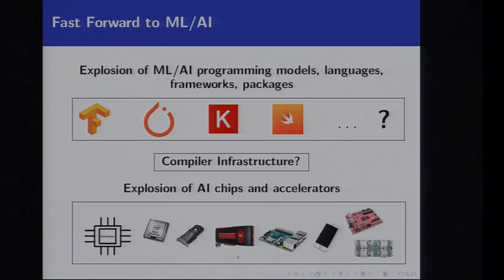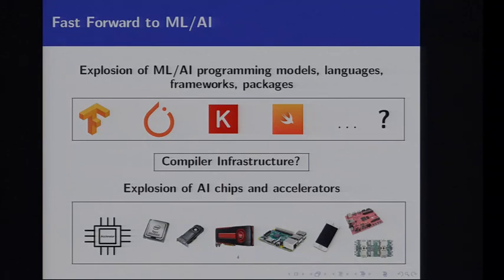On the other side, there's an explosion in the number of specialized AI chips and accelerators that people are building all over the world that are specialized at certain tasks. They can accelerate certain kinds of computation. And there's a huge gap. There are chip vendors who are asking what sort of software stack and compiler infrastructure we need in order to support some of the well-known programming models on their hardware. Similarly, people who are developing new programming models or domain-specific models would like to know what sort of compiler infrastructure they need in order to support all the different targets.